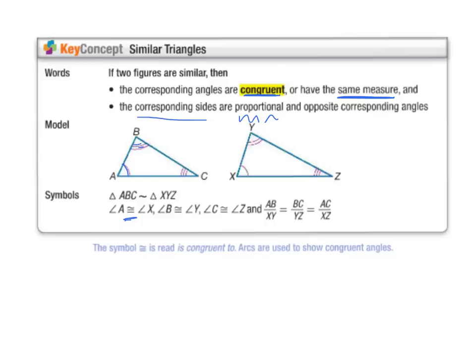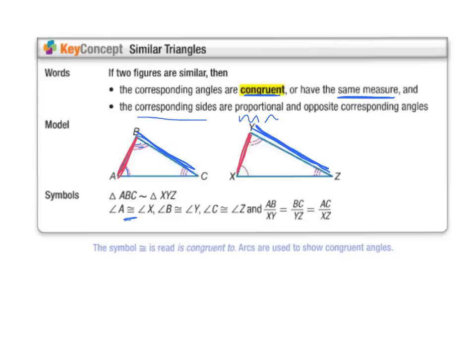The sides are proportional. So let's look at side AB. This side is going to be corresponding with XY, and we can set that as a proportion to side BC and YZ.